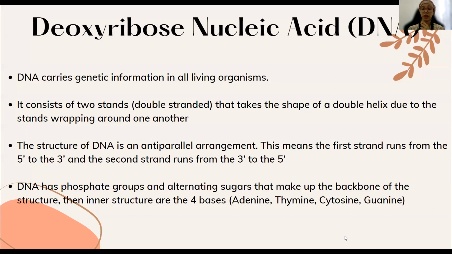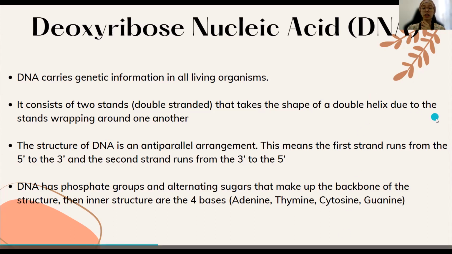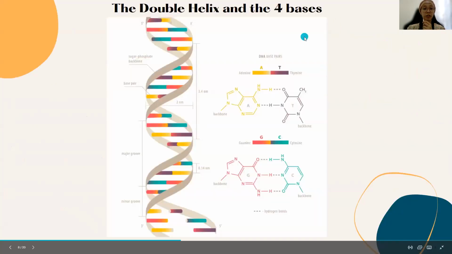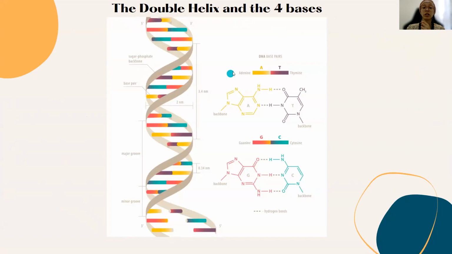This means that the first strand runs from 5' to 3' and the second strand runs from 3' to 5'. DNA has phosphate groups and alternating sugars that make up the backbones of the structure. The inner structure is the 4 bases: adenine, thymine, cytosine, and guanine. In this picture here, you can see the anti-parallel arrangement and the double helix structure of DNA.